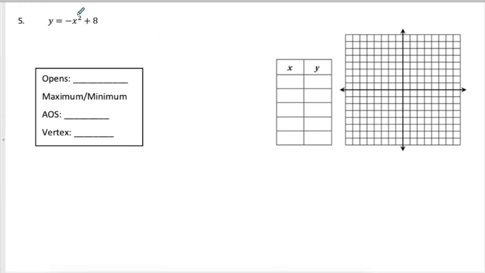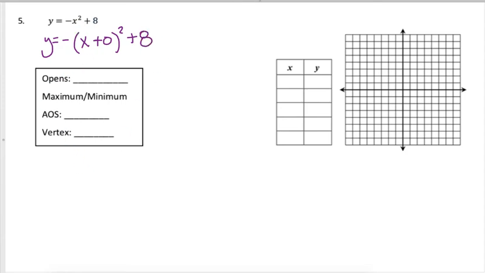Ooh, okay, so this doesn't have parentheses, so it's kind of a hidden vertex form. So I'm going to rewrite that. I'm going to bring the negative here, and then I'm going to put parentheses in there, but I'm not going to change x. x plus 0, still x. But this way I can see my parts a little bit easier.